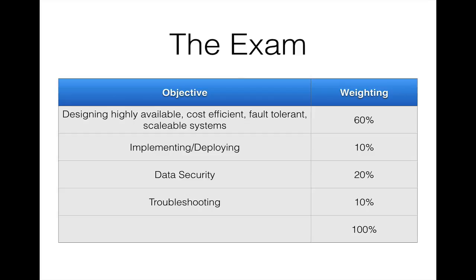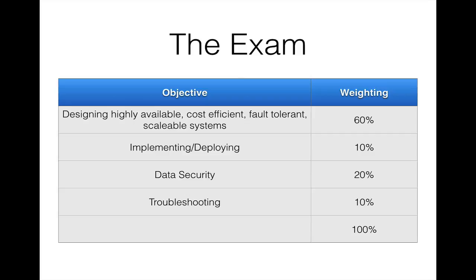Now we will be looking at those different objectives throughout the entire course, but really where you're going to learn this is by doing the assignment, and that's where we're going to design a highly scalable WordPress website, and we're going to use all kinds of different components of the AWS infrastructure to deploy that site. It will be highly available, highly fault tolerant, and you can add as many different nodes to that site as you wish. So that's worth 60%.